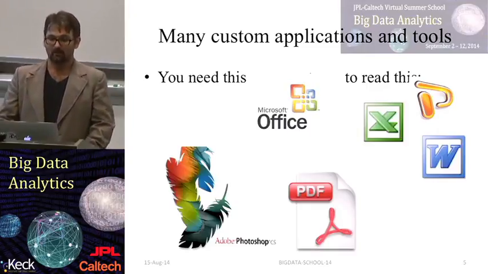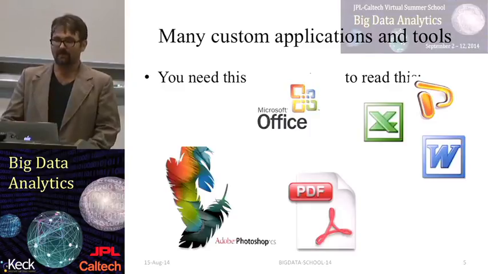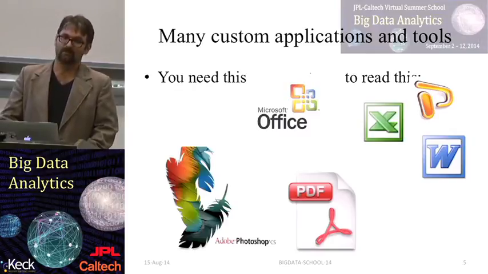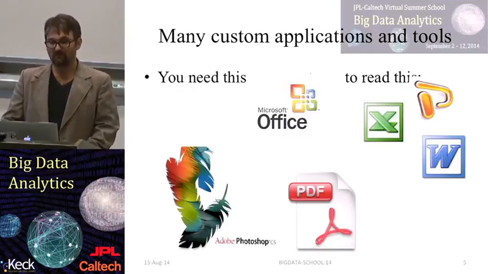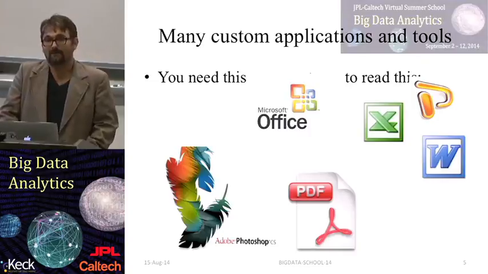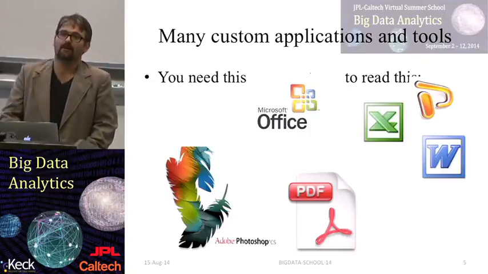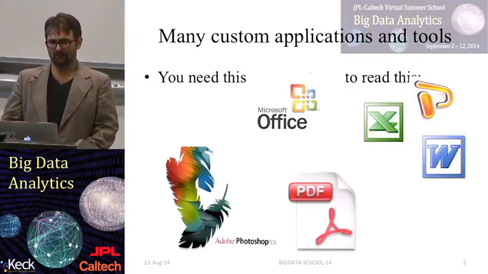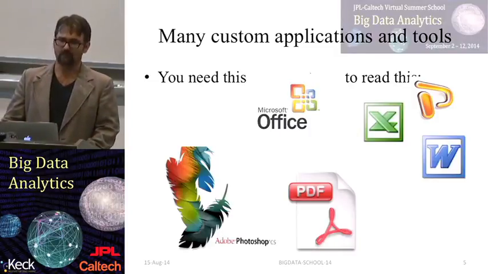For example, to read an Office file like a Word, a PowerPoint, or an Excel file, you need Microsoft Office, right? To deal with a Photoshop file or a particular type of image, like a JPEG or a GIF, you might need Photoshop, or you might need some other library to read image files, like GIMP, for example, if you're a Linux person, and so on and so forth.